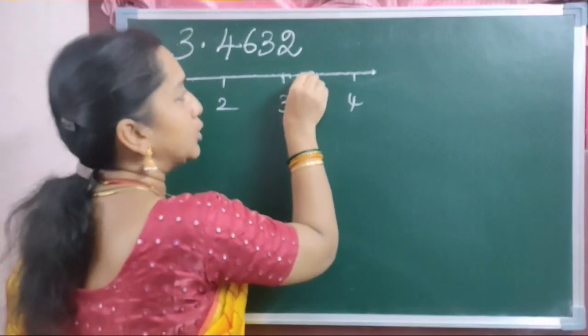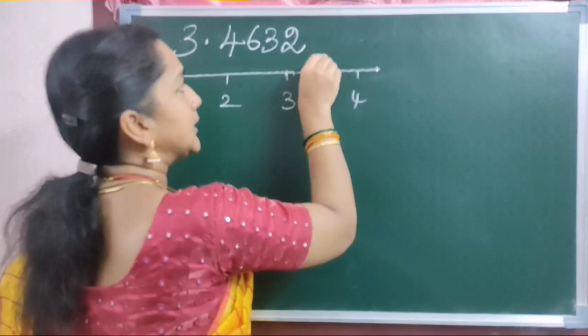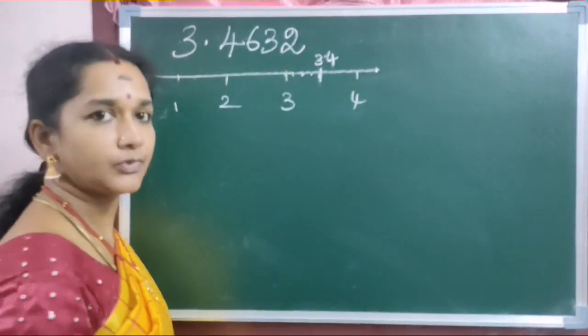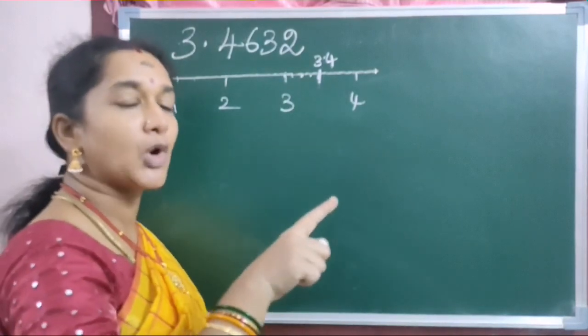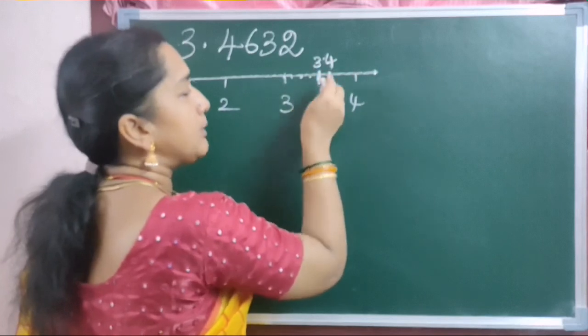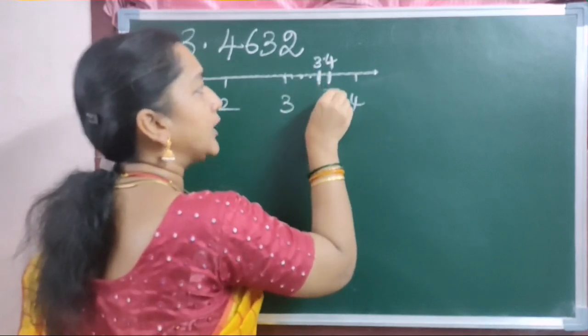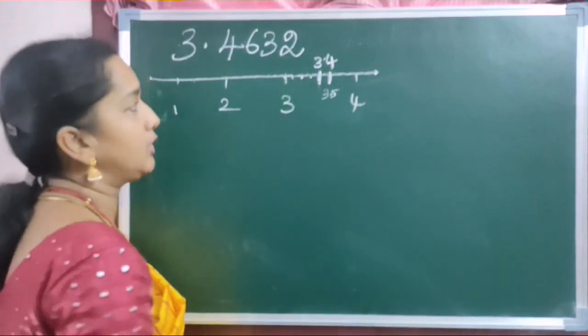Then 3.2, 3.3, 3.4. So this point is 3.4. Then the next one is 3.46. That will be between 3.4 and 3.5.